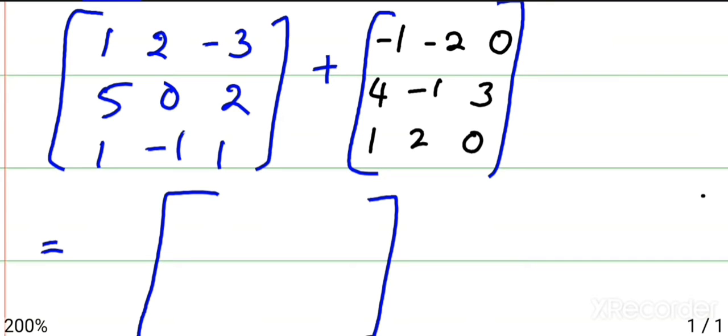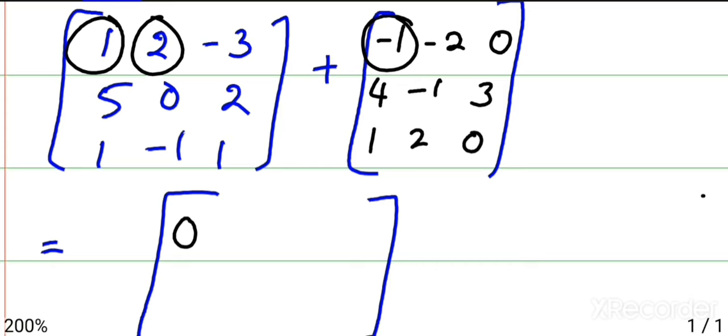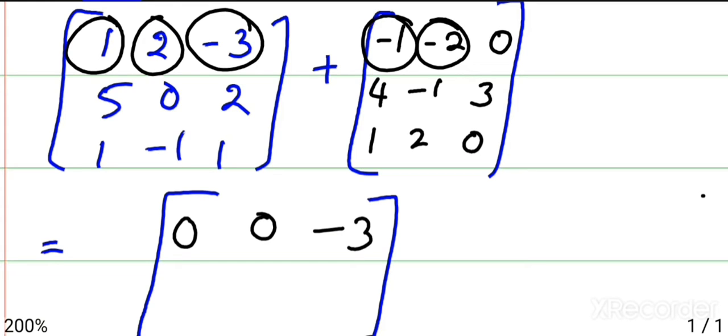Then we have to add the terms we have got. So 1 minus 1 is 0. 2 minus 2 is 0. Minus 3, 0 is minus 3.